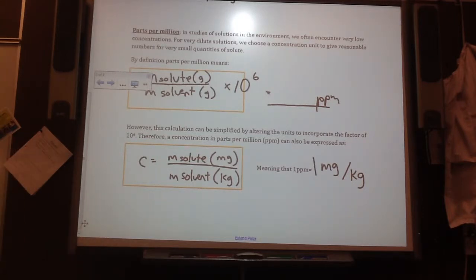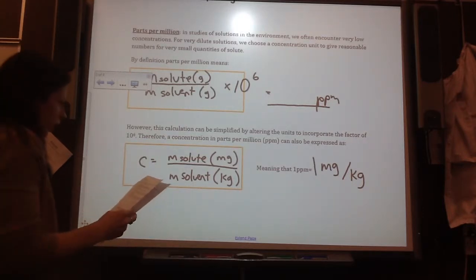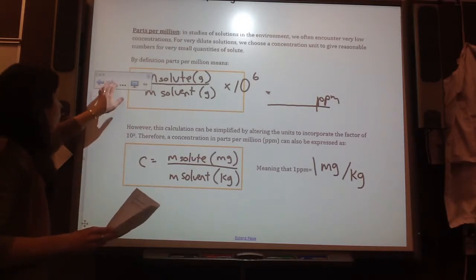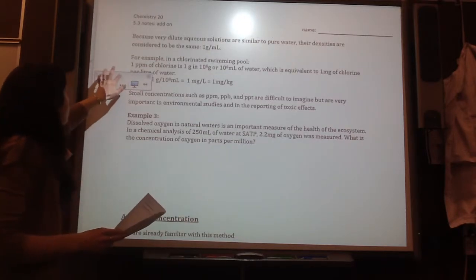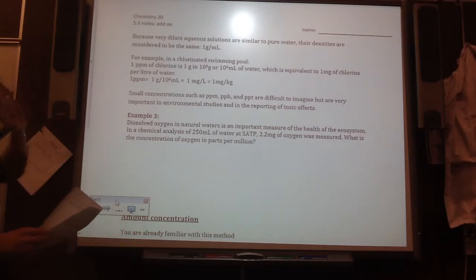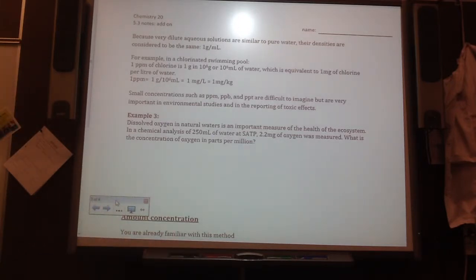So let's see here. Because very dilute aqueous solutions are similar to pure water, their densities are considered to be the same, like 1 gram per milliliter.